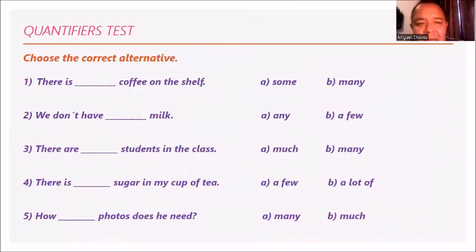Okay, let's check if we understand more or less the use of these quantifiers with countable and uncountable nouns. We are going to do this test about them, okay? And the instruction says, choose the correct alternative. If you check, for each sentence we have an alternative. A volunteer to do number one, please.